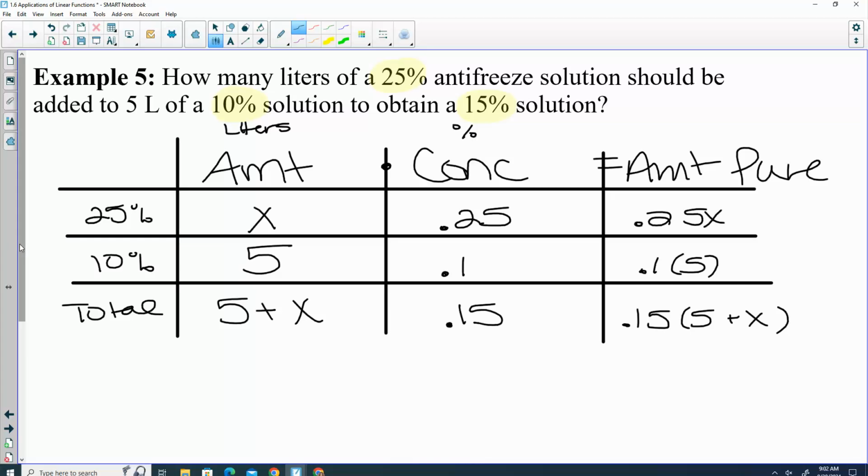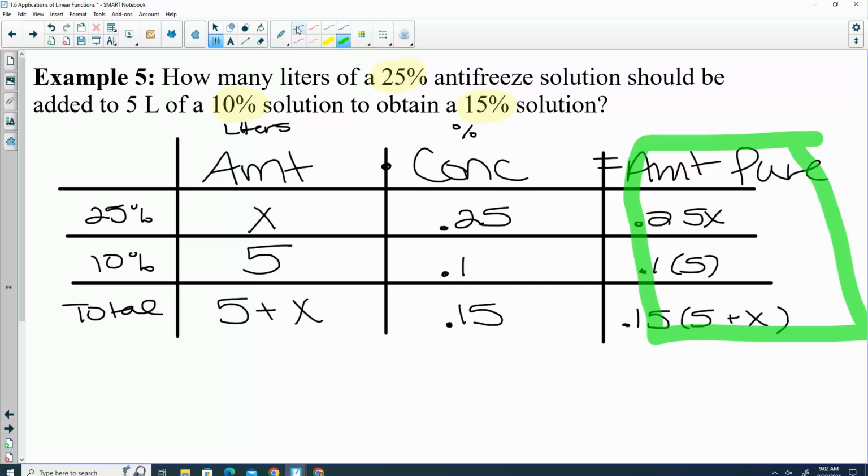How do we write the equation from there? When we talked Friday, I told you if you have this column, you really have everything you need for your equation. What do we have to do?